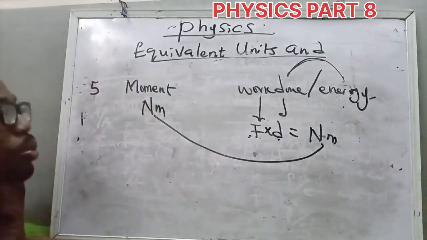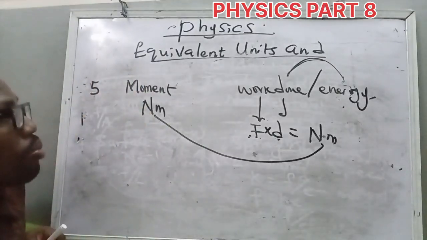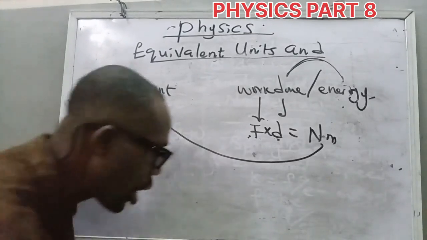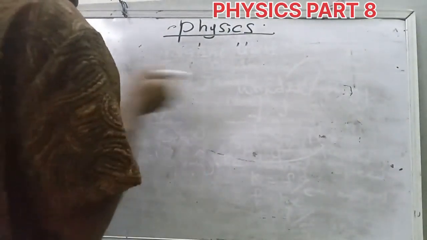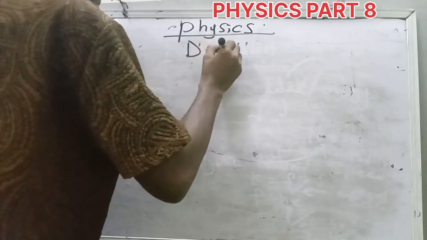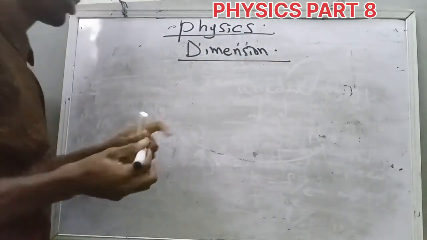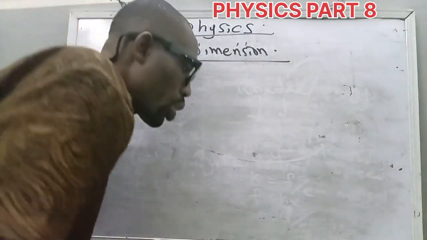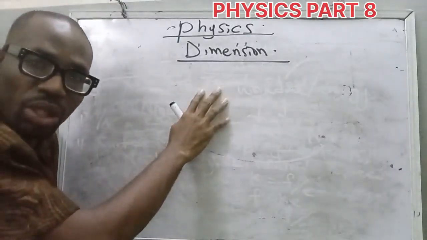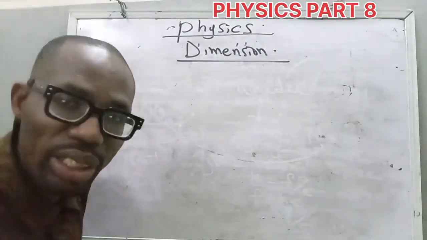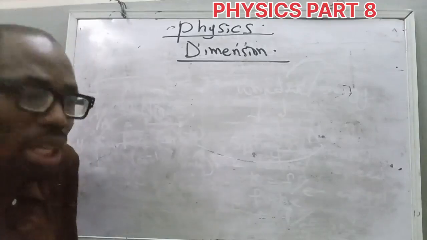So with these 5 examples, we've been able to look at equivalent units and quantities. Let's quickly look at dimension. One important thing about dimension is that when you're talking about units, or fundamental quantities and derived quantities, you must talk about dimension.